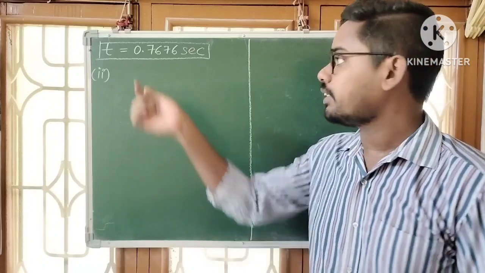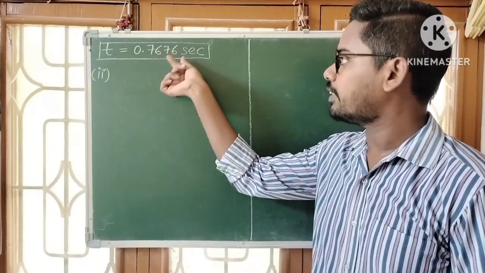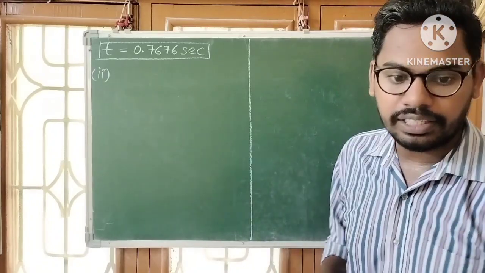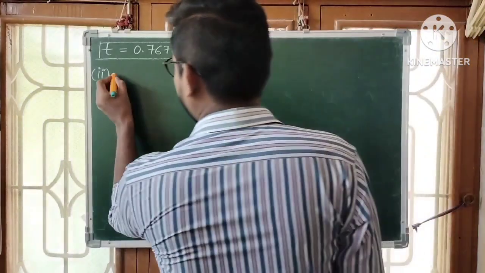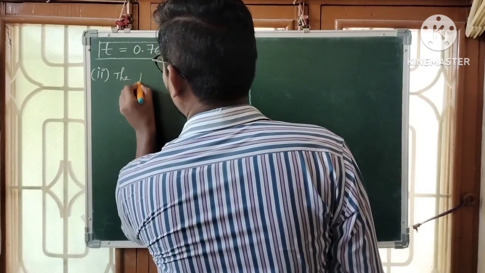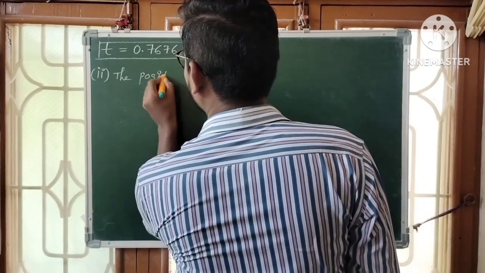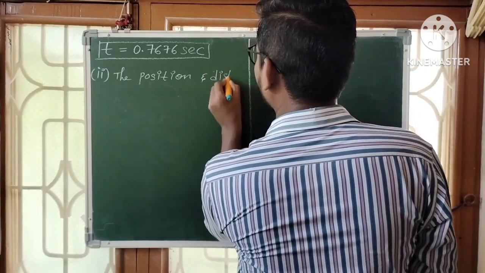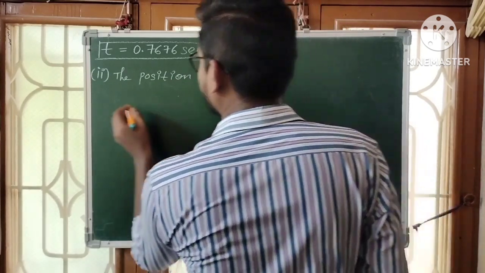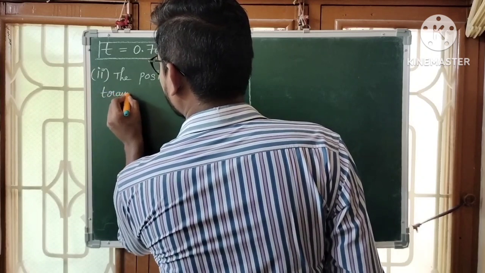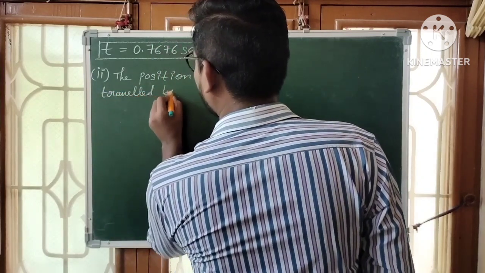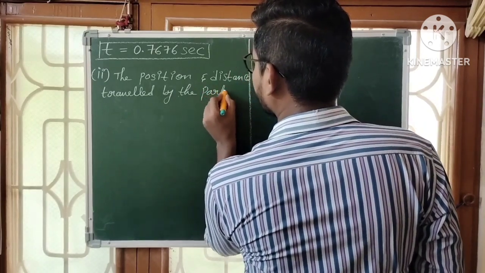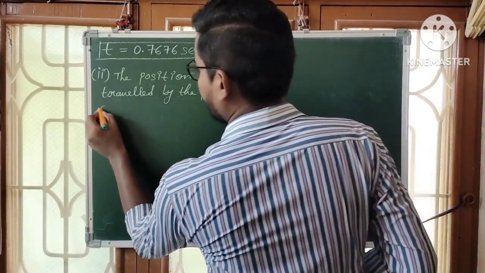At that time means at 0.7676 seconds. So we have to find the position and distance travelled by the particle at that time.